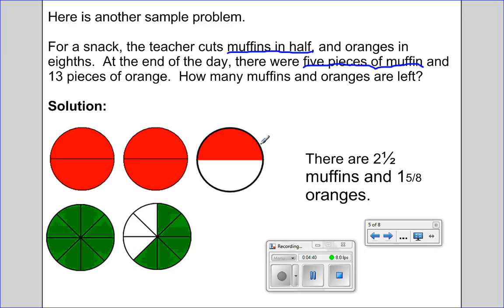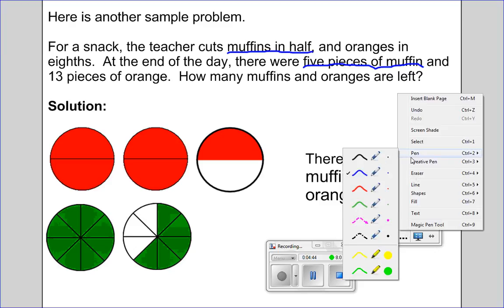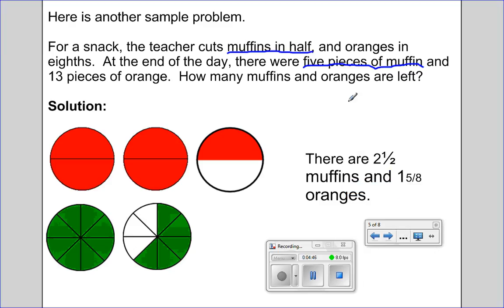Now for the oranges, let's switch to a different pen color. I've got oranges in eighths. So when I draw my circles, they have to be cut into 8 pieces. And there's 13 pieces of orange left over.